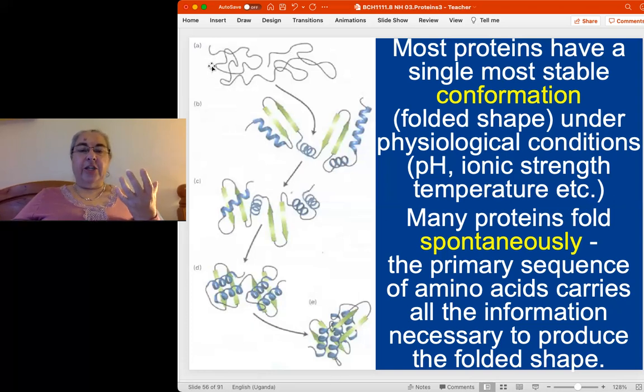The information is the nature of each of the amino acids and where they are in this polypeptide chain. And because of those particular amino acids being in the particular place they are, that is what gives the polypeptide the property to fold up into its correct conformation, the correct folded shape for that particular protein.